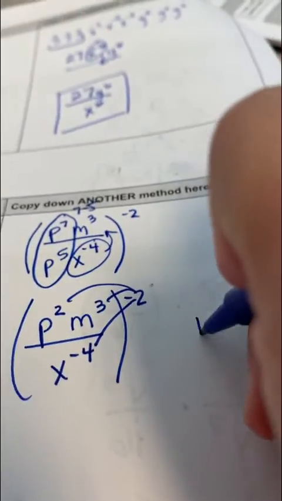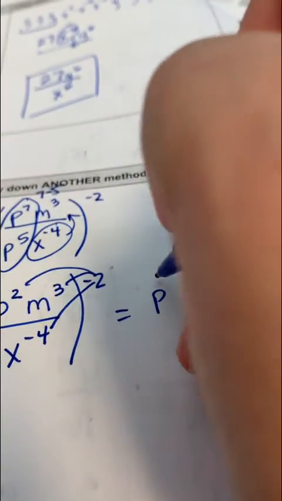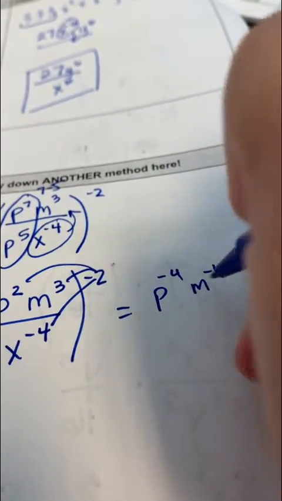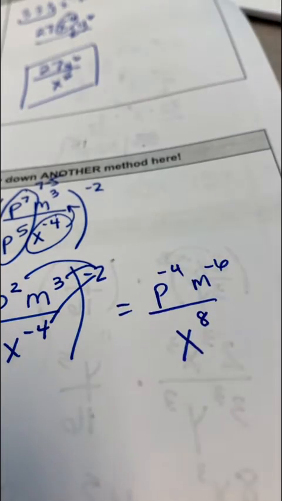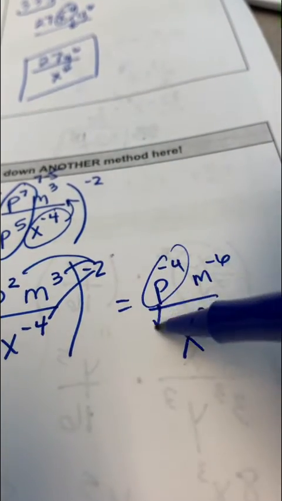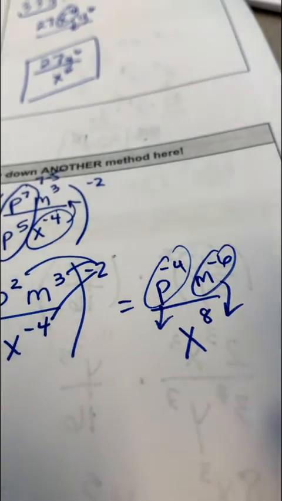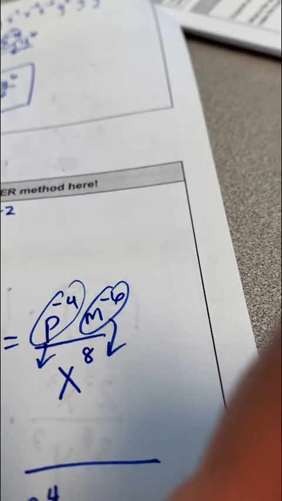Or you can just leave it there. And then maybe distribute in the -2. So you have P to the -4, M to the -6, X to the +8. And again, those negative exponents will move to the other part of the fraction. You're just not flipping and flipping again. So again, P to the 4th, M to the 6, X to the 8, and a placeholder on top.